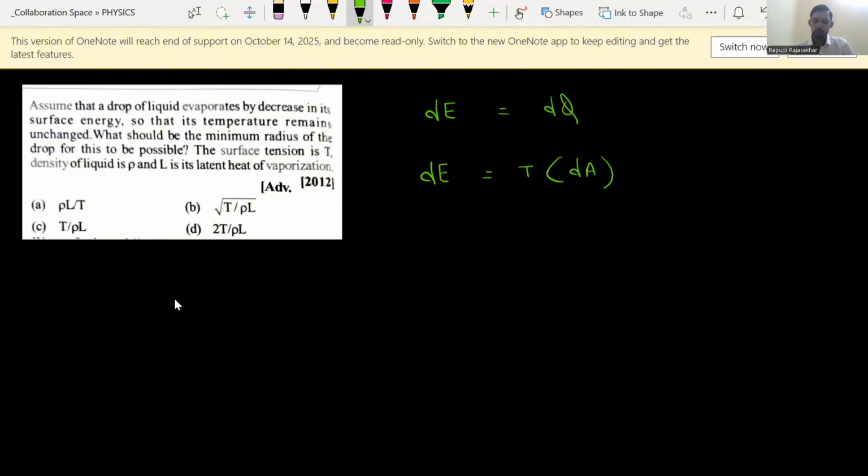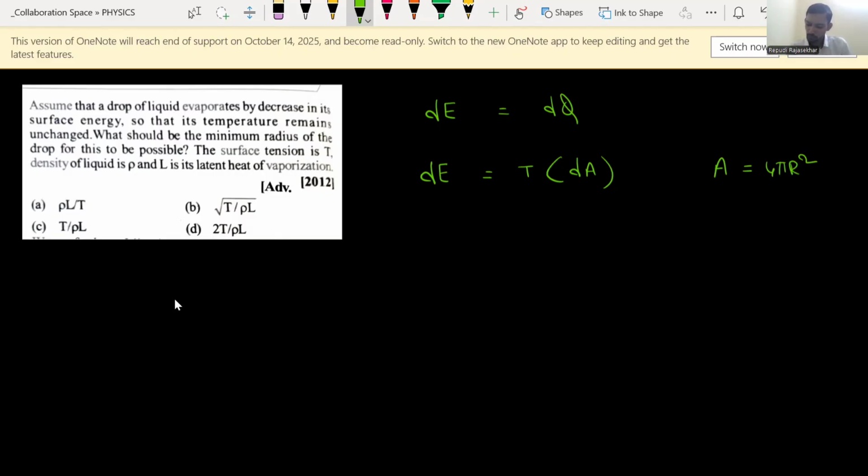Because this equation we know, surface energy equals surface tension into change in area, already we have discussed in fluids. That's the equation we are using. So generally if you take any spherical object, what is the area formula? 4 pi r square, right? So for a spherical object, the area equation is 4 pi r square.